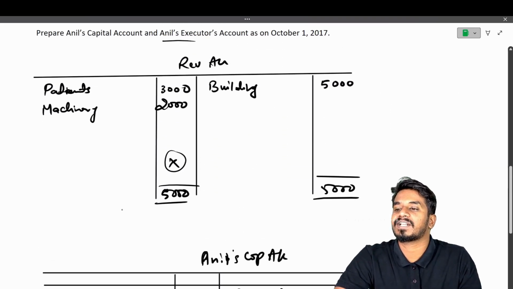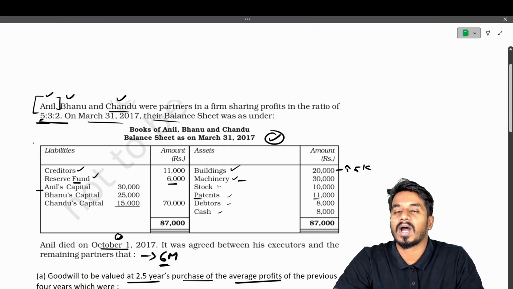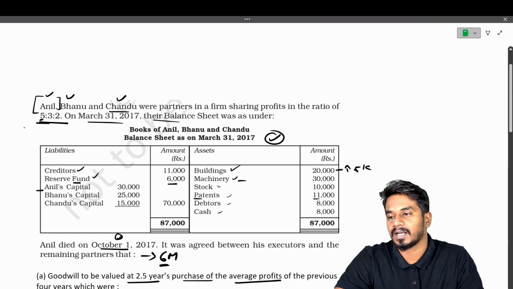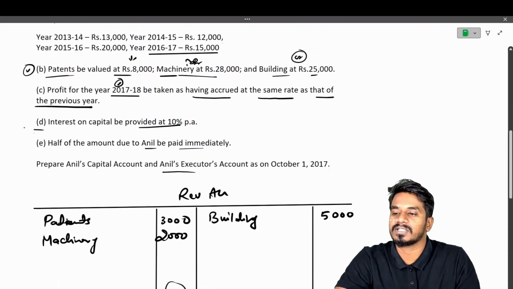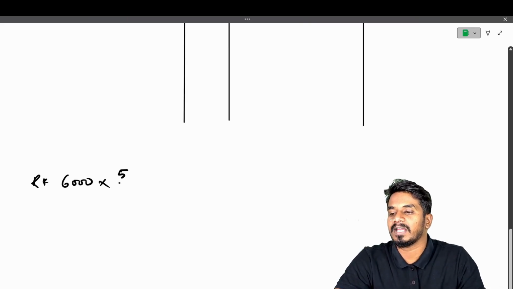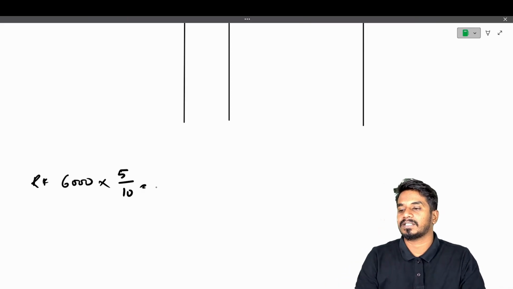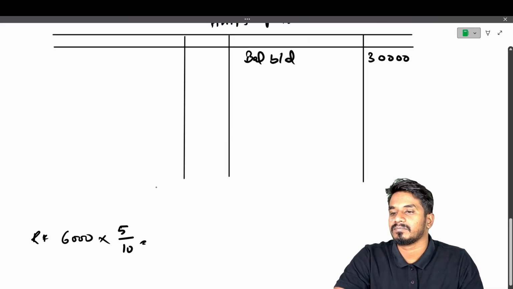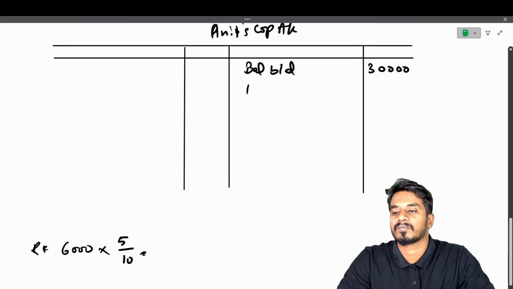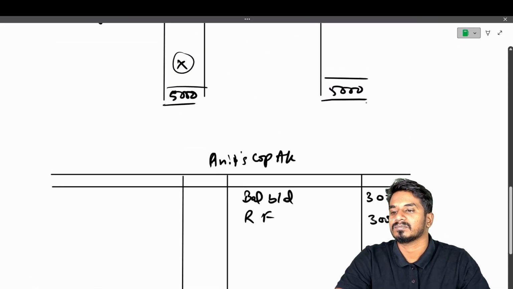Out of that, what is the share of Anil? Anil's share is 5 by 10. Correct. 5 plus 3 plus 2 is 10. 5 is his share. So 5 divided by 10 is half of it, 3,000. So the reserve fund we can show as 3,000.